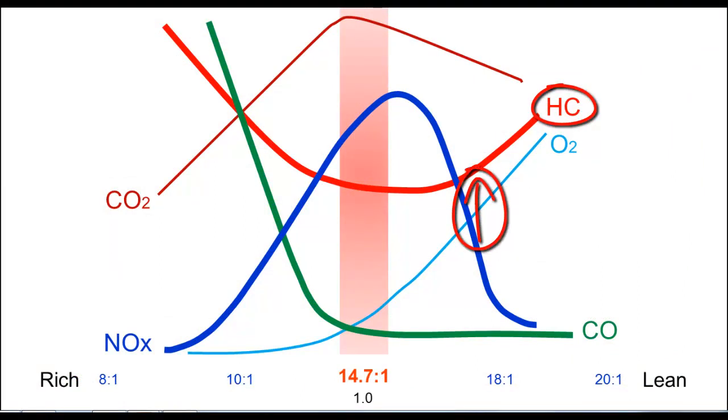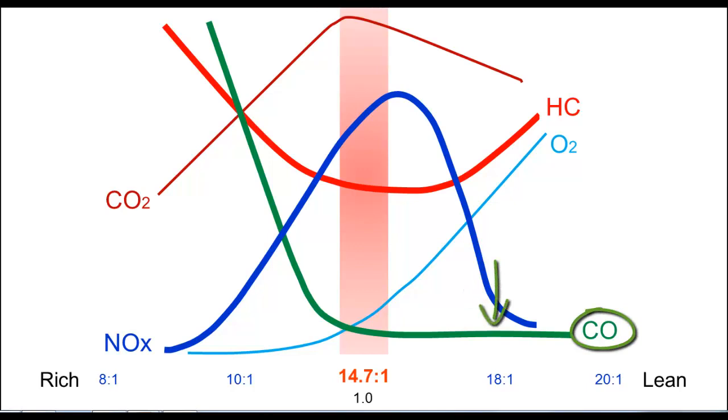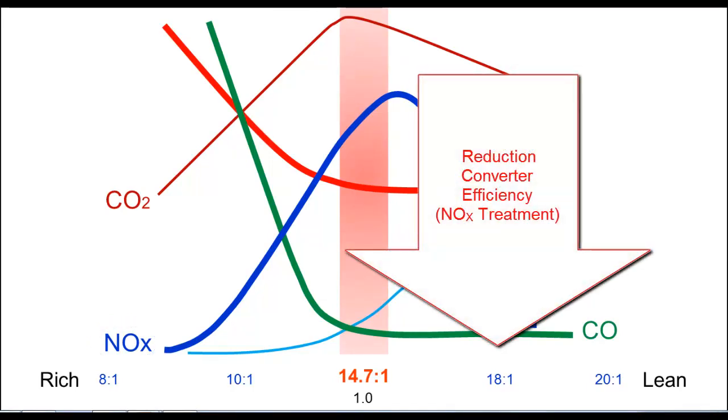Hydrocarbons continue to be well managed by the catalytic converter and remain low at 56 parts per million. Carbon monoxide is also low at 0.05%. NOx levels are up at 153 parts per million. When mixtures are lean, reduction converter efficiency is reduced.